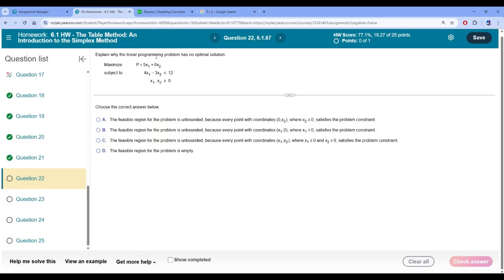All right, explain why the linear program problem has no optimal solution. I think it's this one.